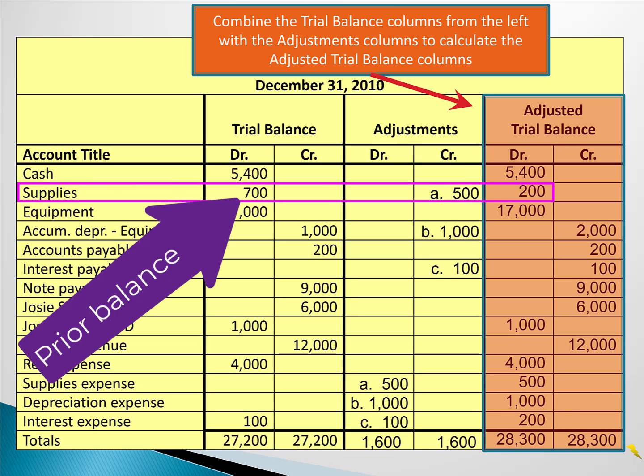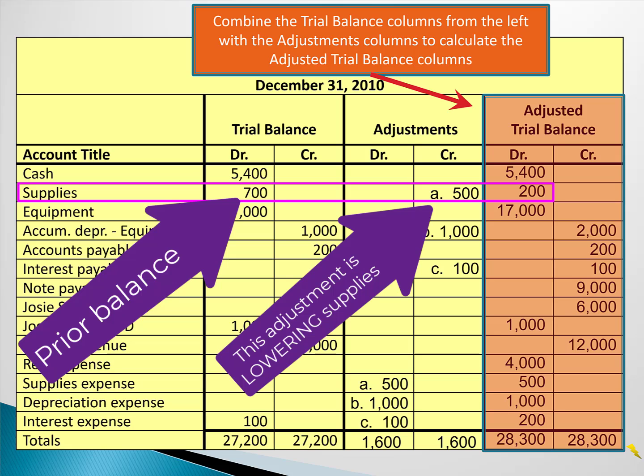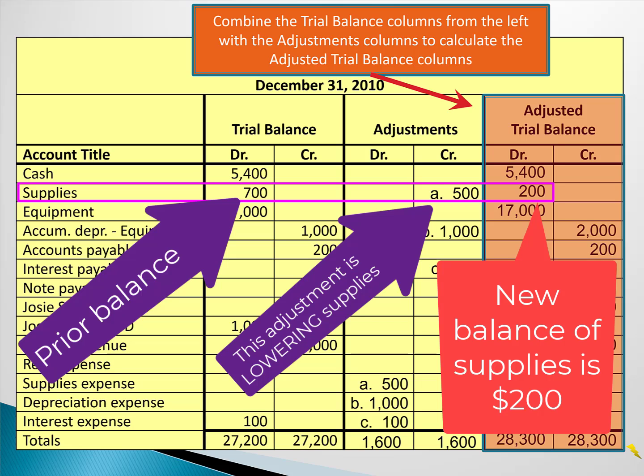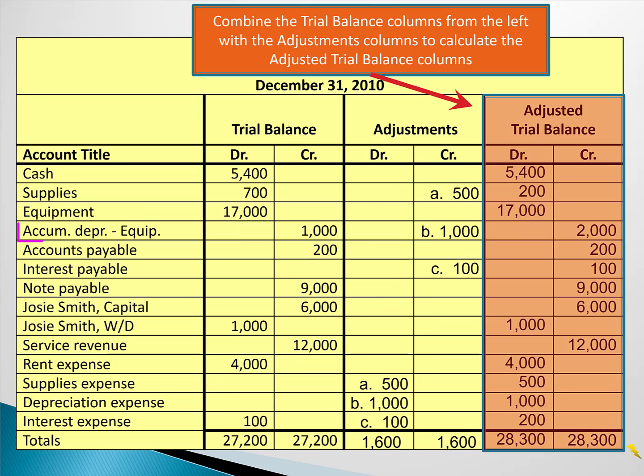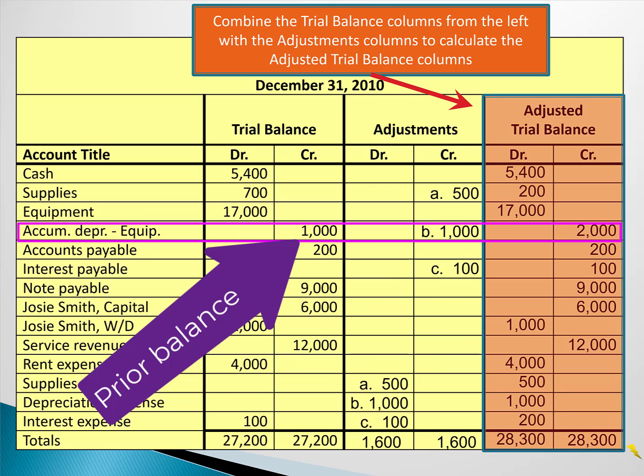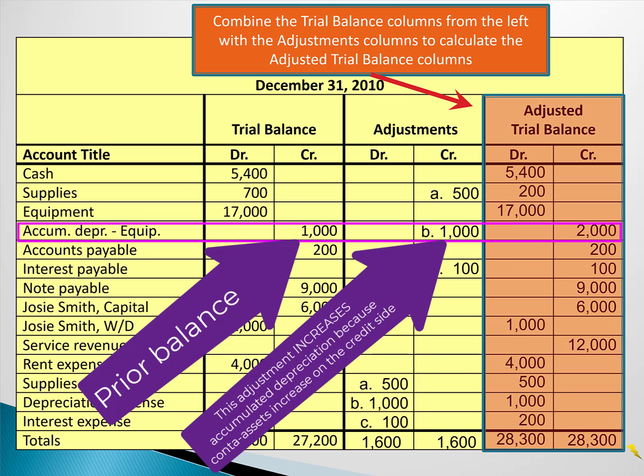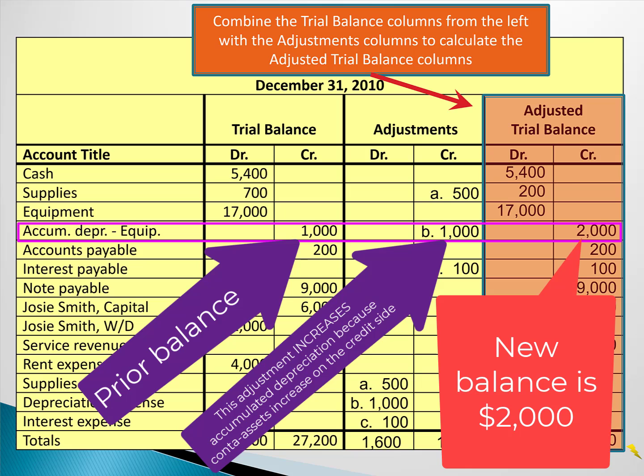Supplies had a $700 debit, and then we had an adjustment of $500 credit. So a credit to an asset account means it's going down, so we take 700 minus 500 gives us 200. Equipment was not adjusted. The accumulated depreciation was 1,000, and then it increased 1,000 more, so the new balance is 2,000.